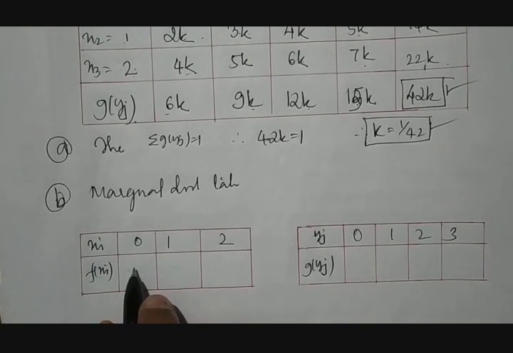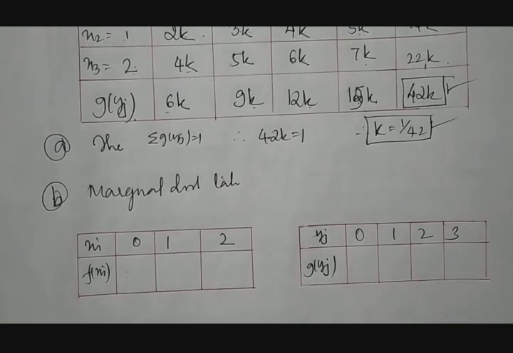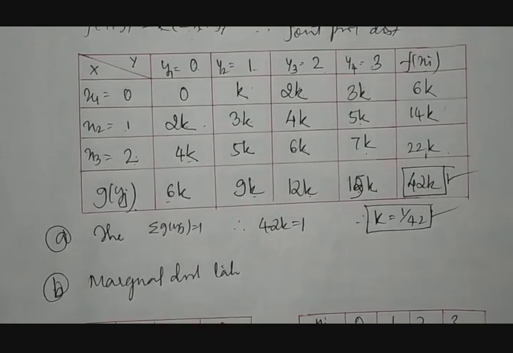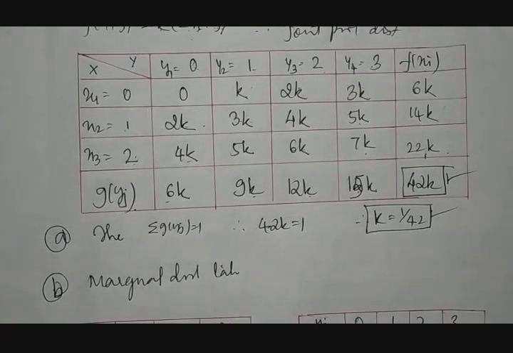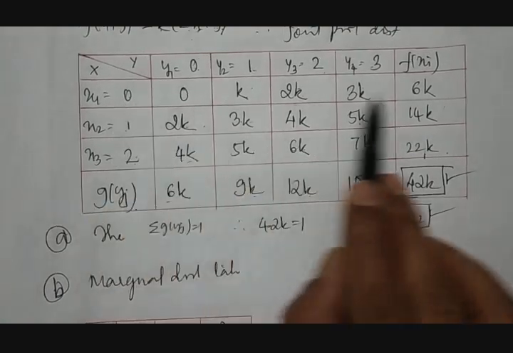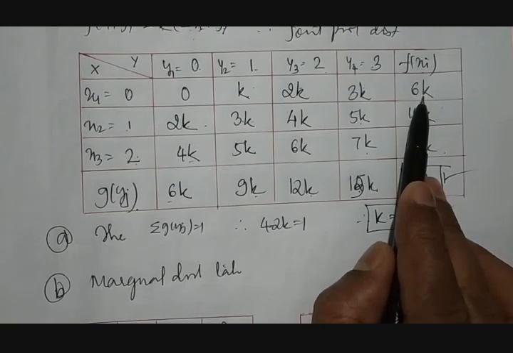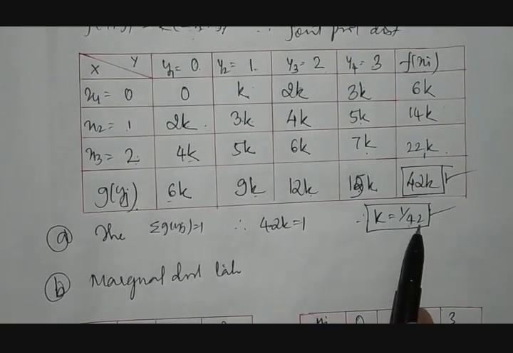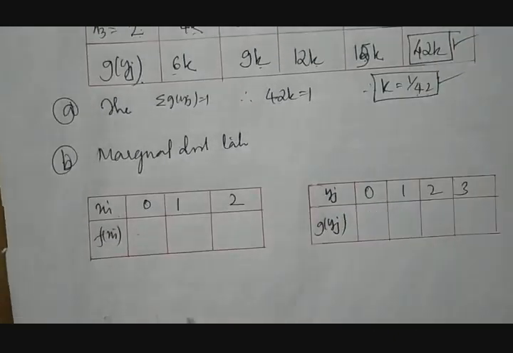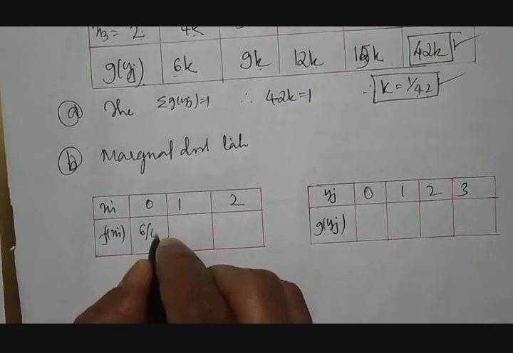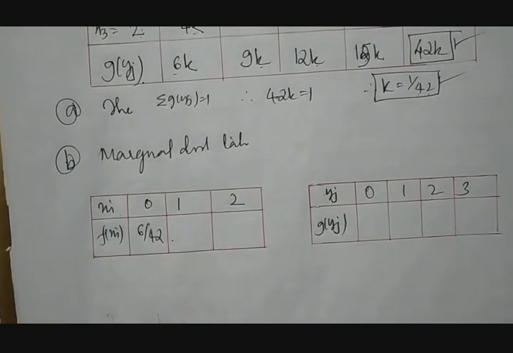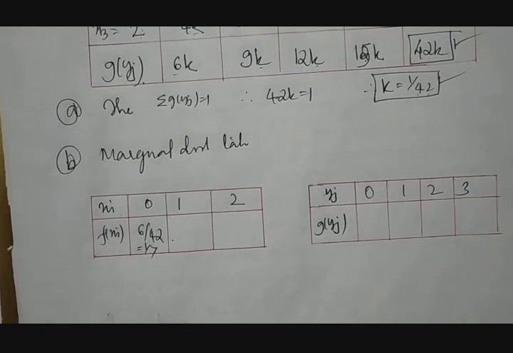Therefore, f of xi is what? For x equal to 0 it is 6k, but k is equal to 1 by 42, so it is 6 divided by 42, or else it is 1 divided by 7.